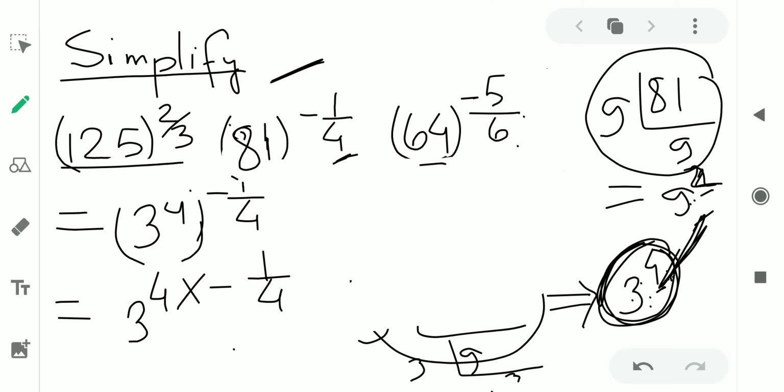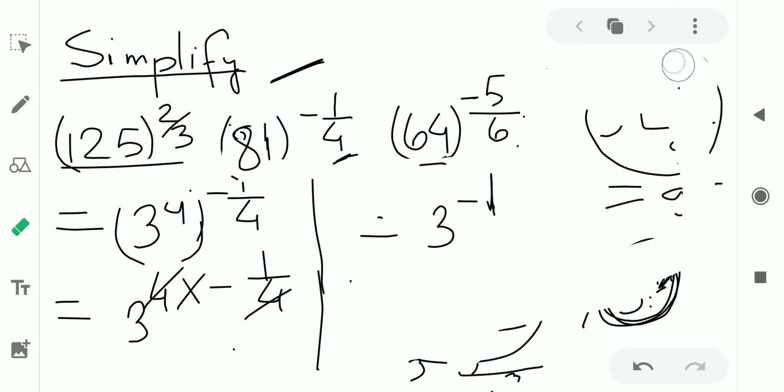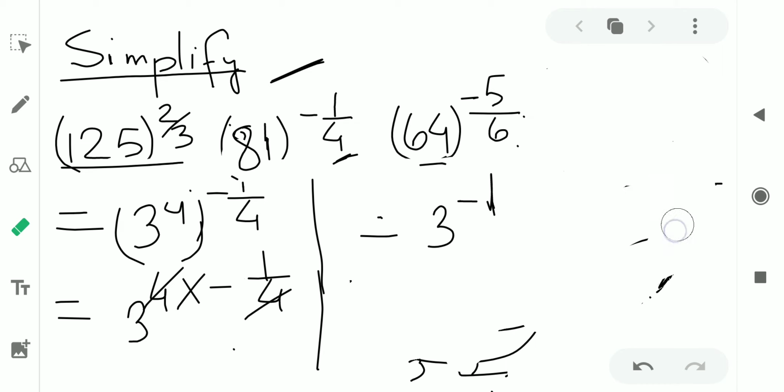Now this 4 will cancel out, so we'll get 3 to the power minus 1. So now you may ask, is this the answer, sir? Still not yet.